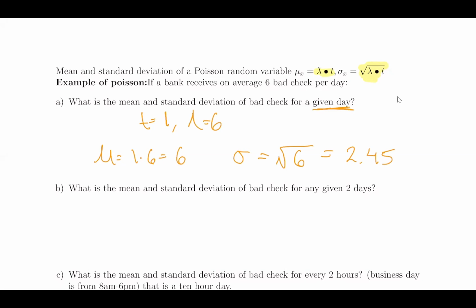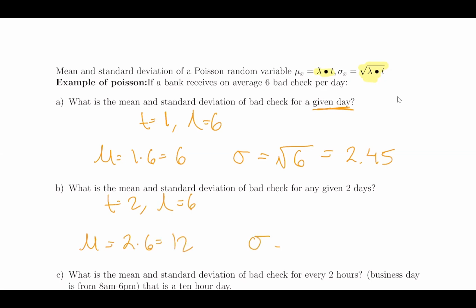So let's do B. So for B, it says, what is the mean and standard deviation of a bad check for any given 2 days? So now t is equal to 2, but lambda is still 6. So for mu, we'll say 2 times 6, so you get 12.